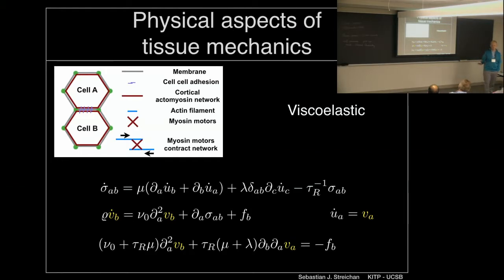If I measure a flow field on the surface of such an embryo, I can then plug these equations together and make some approximations. And what I end up with is a hydrodynamic limit of these equations, which is basically going to say that there are 2 terms that are contributing to flow, and 1 term that is the force that is driving this flow.